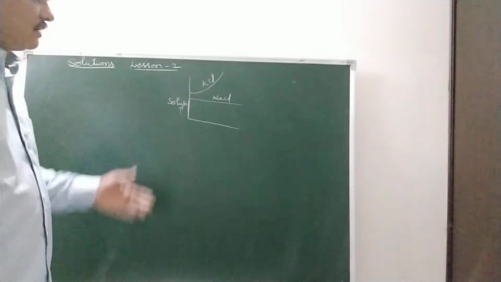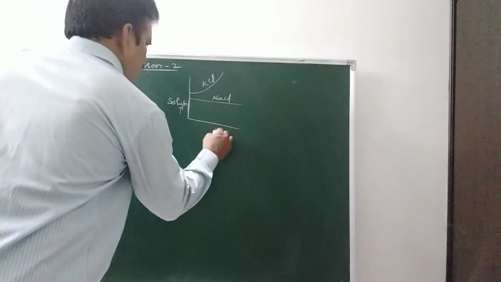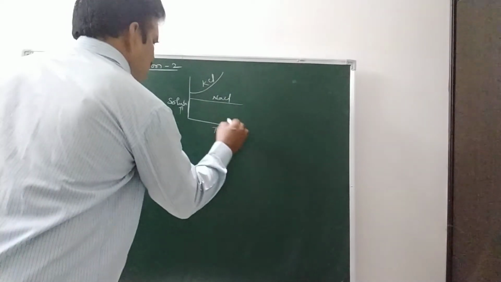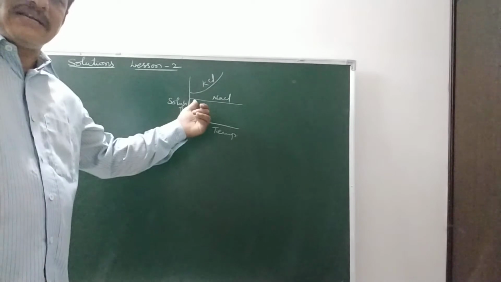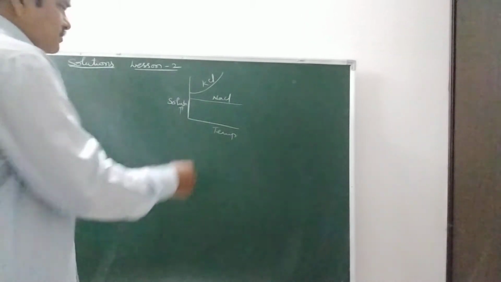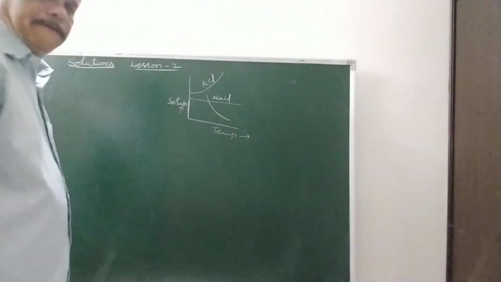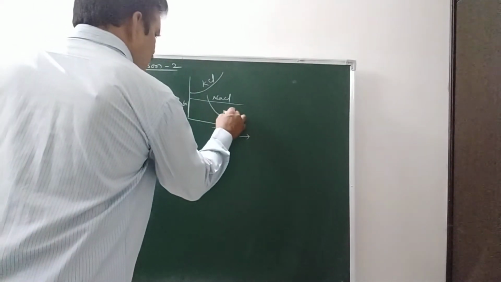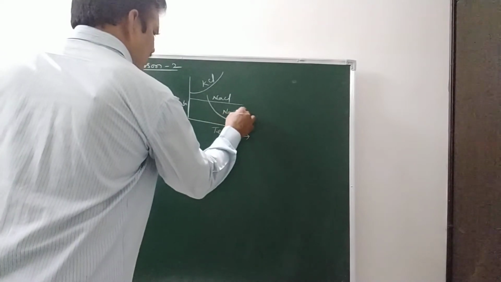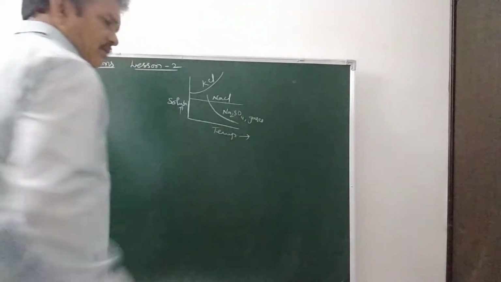For NaCl, as the temperature increases, solubility remains almost the same. Of course, it slightly increases. For some substances, the solubility decreases with the temperature. For example, anhydrous sodium sulfate, gases, etc. Okay.